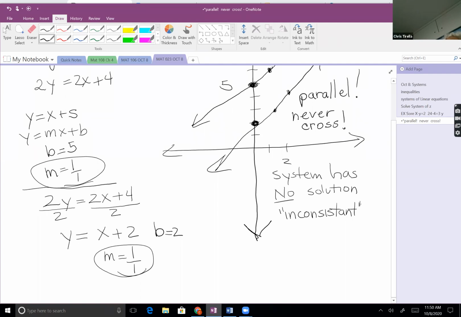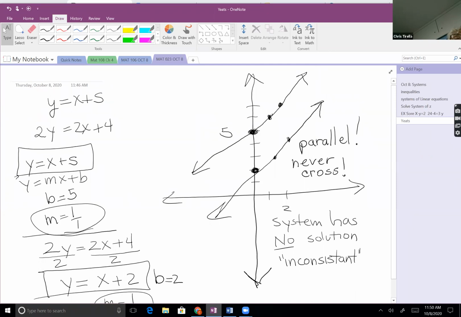You can get it by seeing that your lines are parallel, or if you're a little bit lazy, once I have my lines in slope-intercept form, I could look at those two lines and say, hey, wait a minute, they have the same slope. They have the same slope, but they're different lines, so I know they will be parallel. And I have this inconsistent system, no solution. All right?